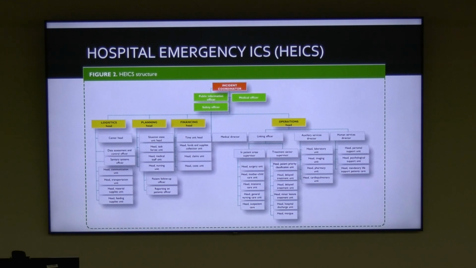And then there are the material supplies and the feeding supplies. This can include things involving patient care, but also the food and water needed to sustain the providers, the nursing staff, the patients, and the volunteers, which could be a huge undertaking in itself.